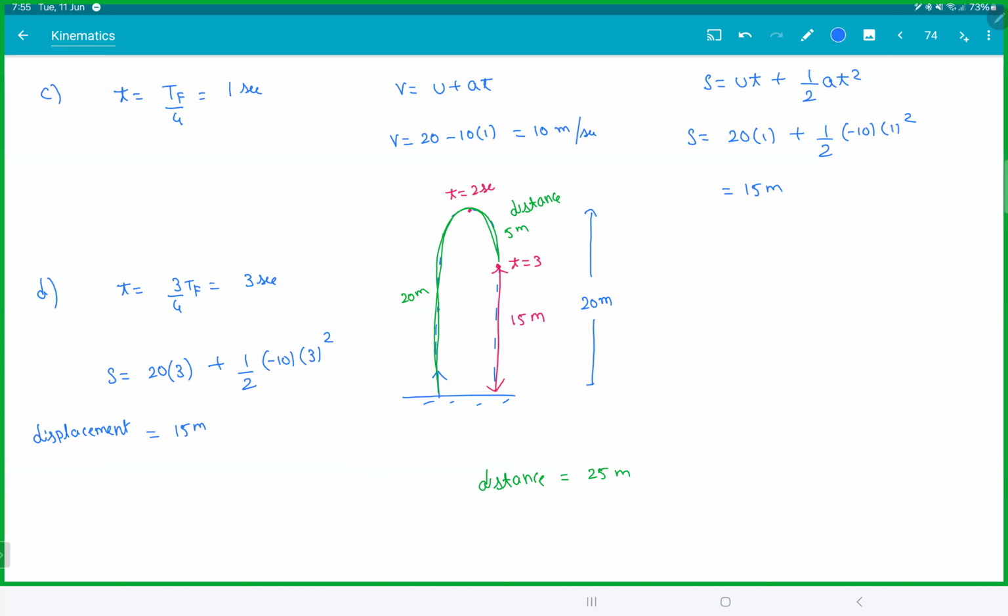Any doubts on this? Anyone not convinced with this? Any confusion? Please ask. Let's see.